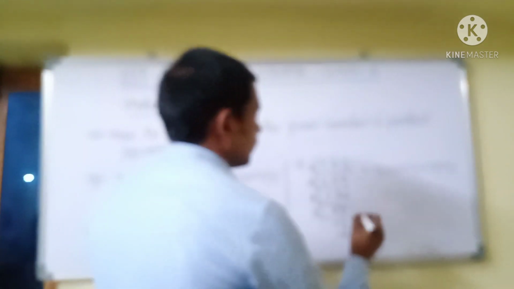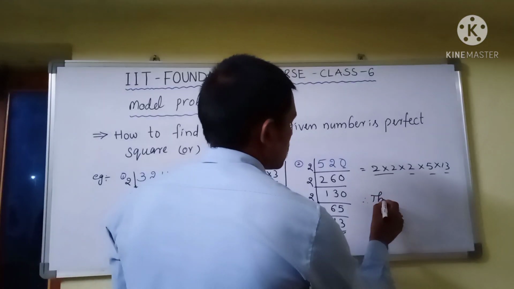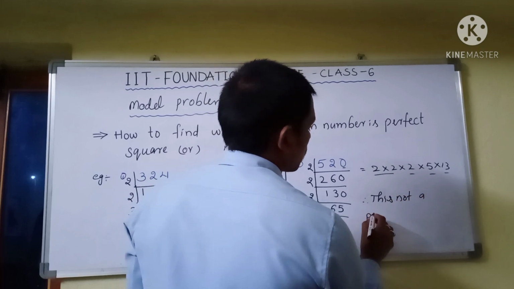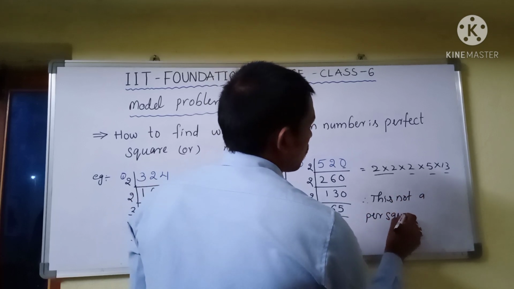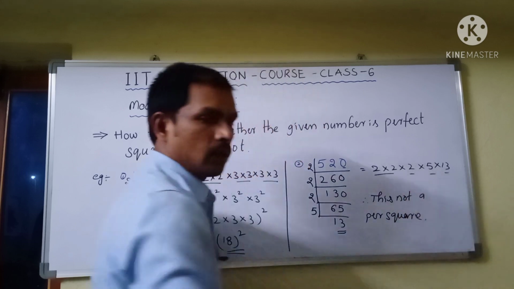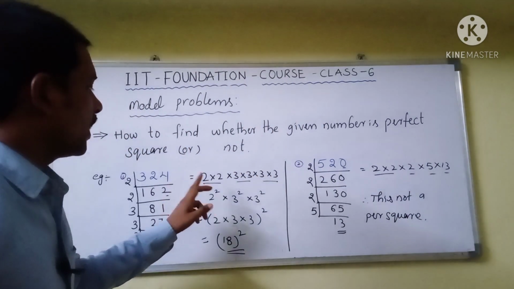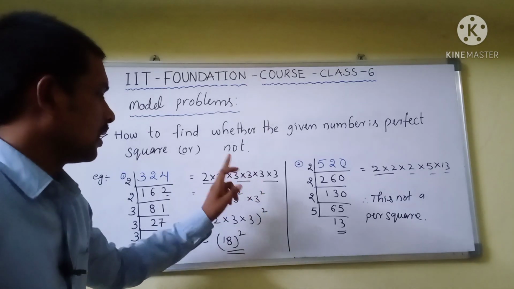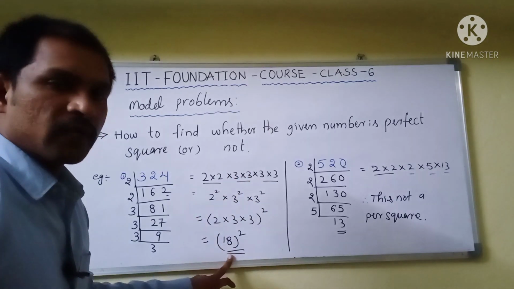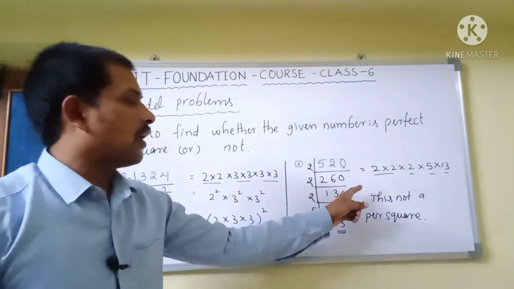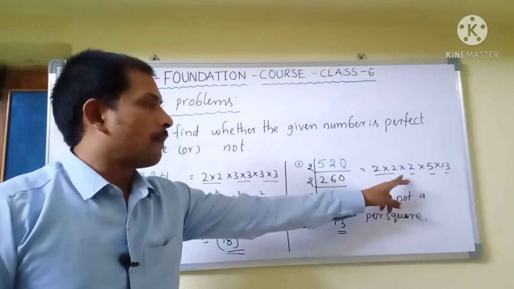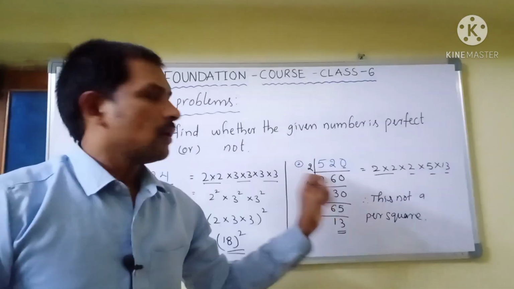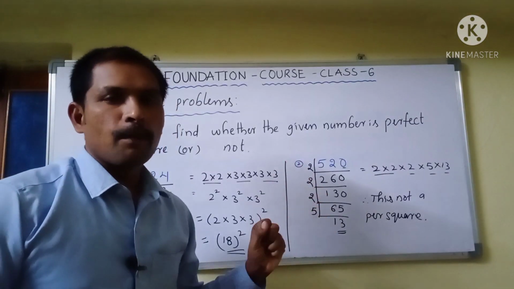Therefore this is not a perfect square number. If you get all the pair factors, it is going to be a perfect square. And if you do not get perfect pairs, this is not a perfect square number.